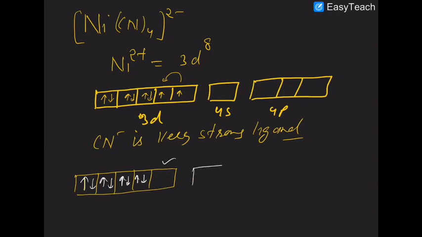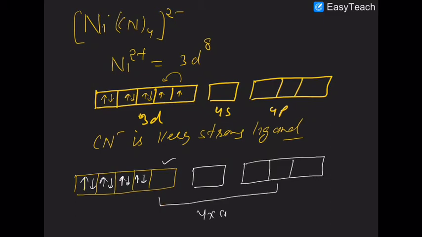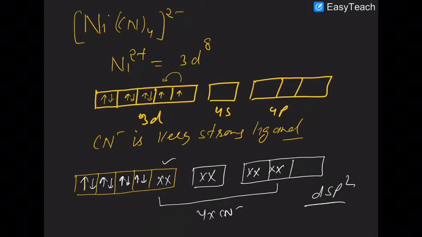So this orbital is now vacant. So 4 cyanide ions will come and do bonding like that. So it is dsp2. Now it is not so easy to understand, but VBT approach is not so good here, but when we look at the CFT approach, it will give you a more accurate answer.